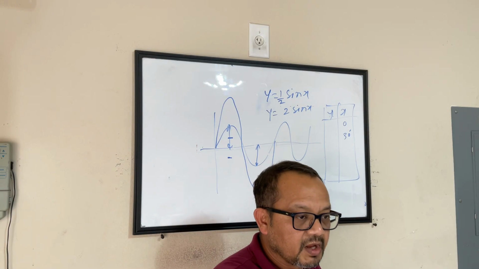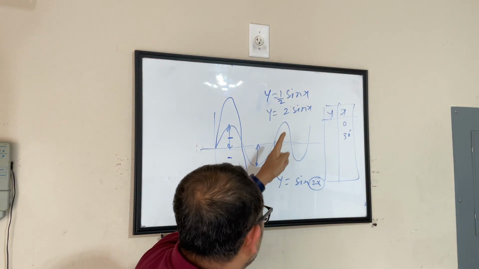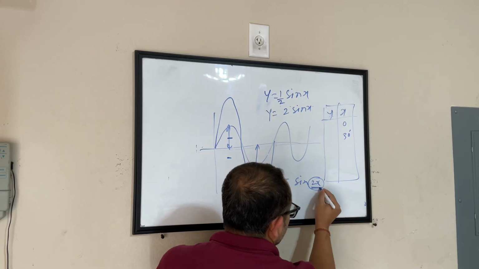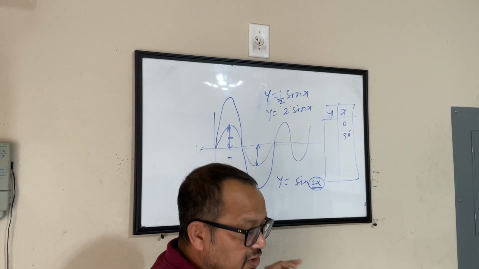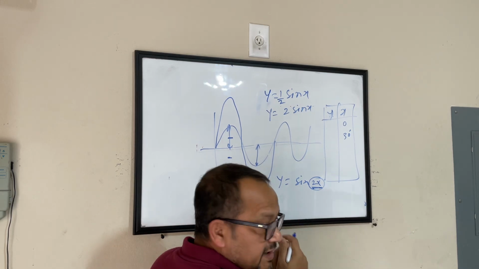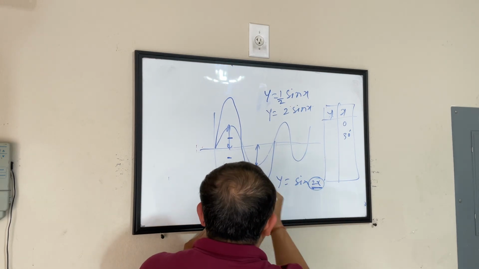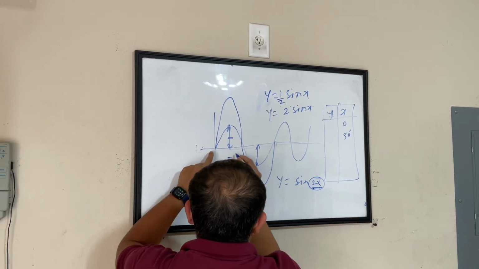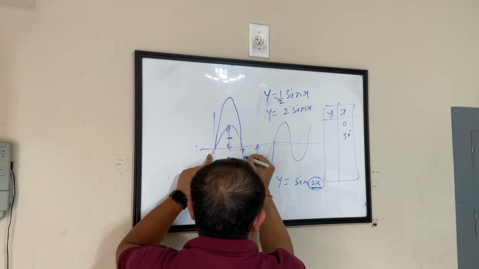Okay. Now, another thing that we noticed was if you multiply this x by 2, then you are increasing the frequency. So here it's 0, it's pi, it is 2 pi.